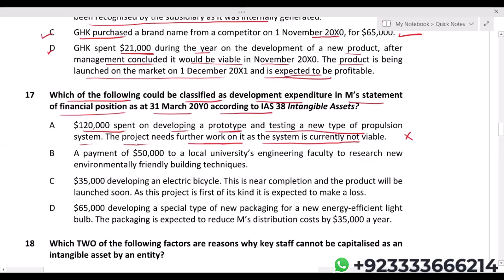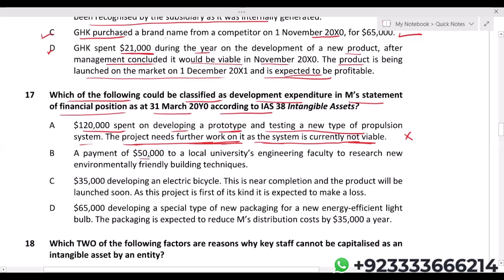Look at this: the project needs further work on it as the system is currently not viable. Can I say all the criteria of IAS 38 for development expenditure to be capitalized are not met? Because it says the project needs further work, as the system currently is not viable.